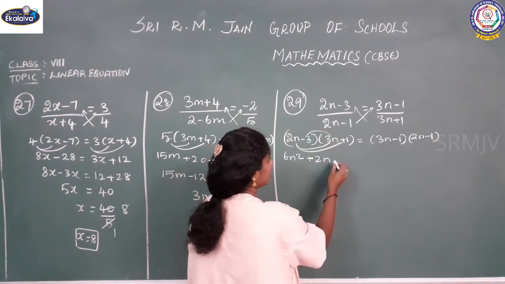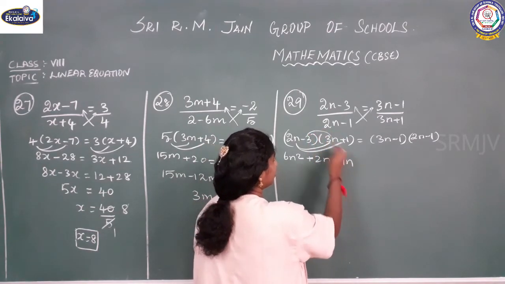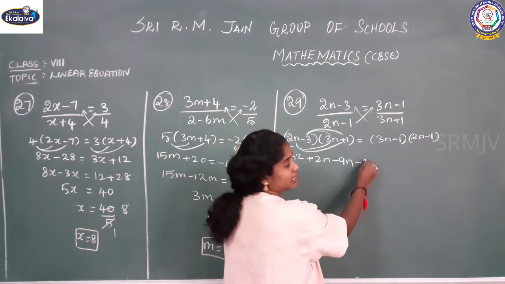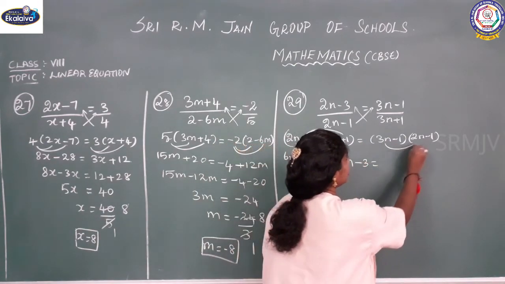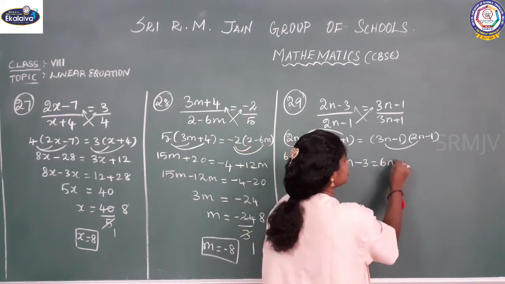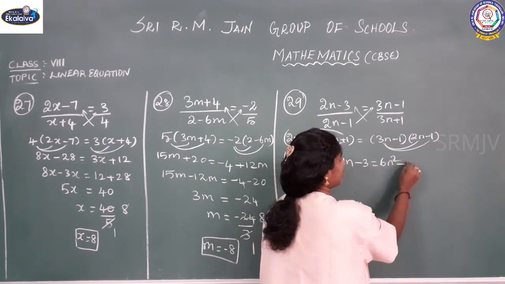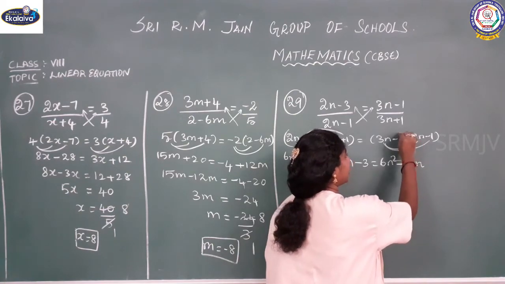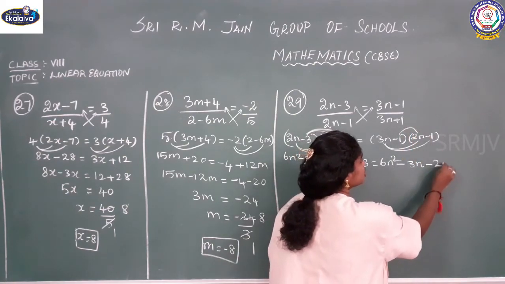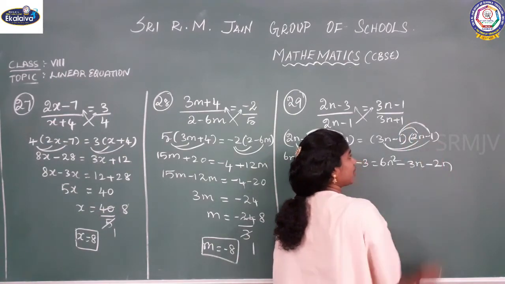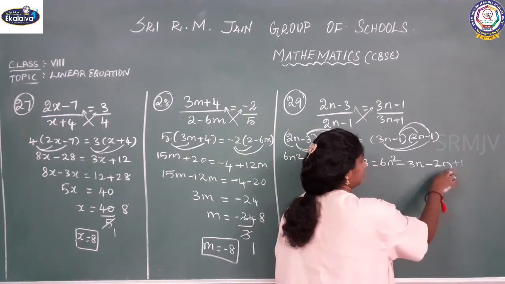Minus 3 into 3n, minus 9n. Minus 3 into 1, I will get minus 3. 3n into 2n, 6n square. Minus 1 into 3n, minus 3n. Minus 1 into 2n, minus 2n. Minus 1 into minus 1, plus 1.